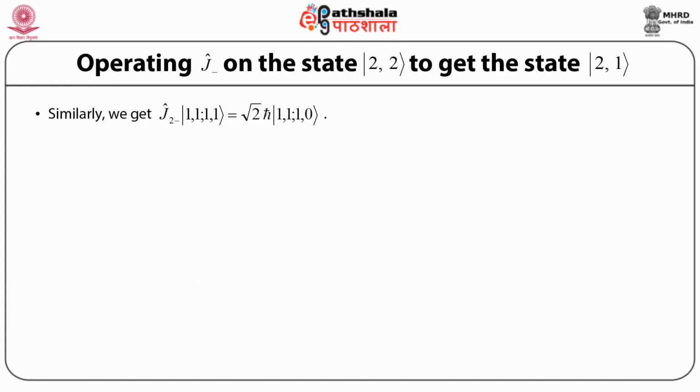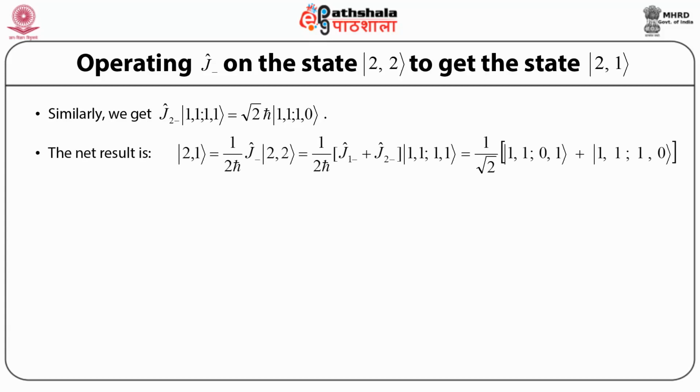Similarly, we get J2 minus acting on |1, 1, 1, 1> is equal to square root of 2 times h-cut |1, 1, 1, 0>.